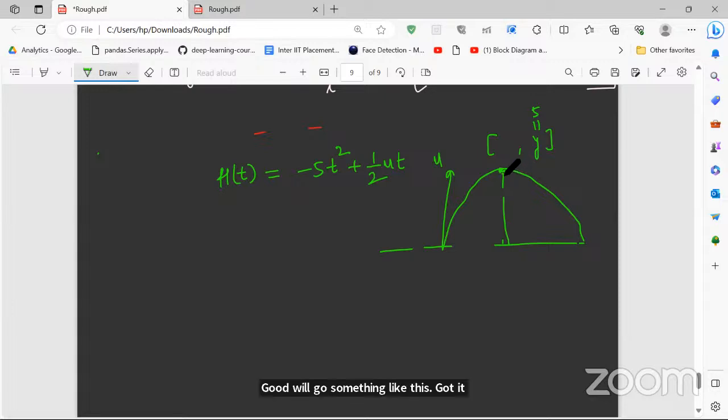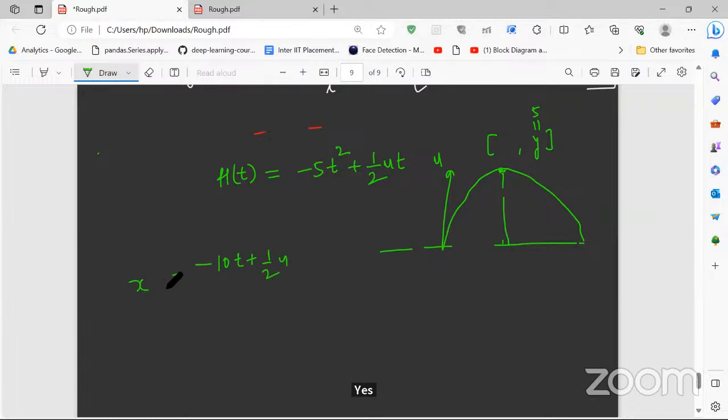Do you know the x coordinate or not? We can calculate the x coordinate. How will you calculate it? Differentiate. Actually, minus b upon 2a is the x coordinate.